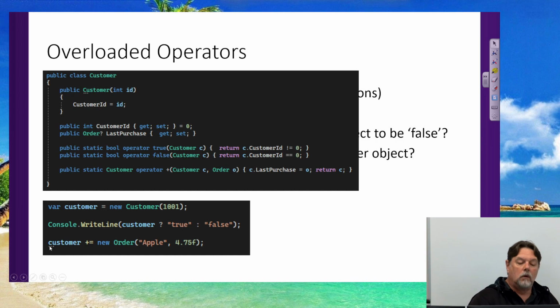That enables the compiler to understand what this means: customer, this instance of the customer I created, plus equals new order. And that's how, in essence, I set the last purchase by that customer to this order. The last order by this customer is now an apple costing $4.75.